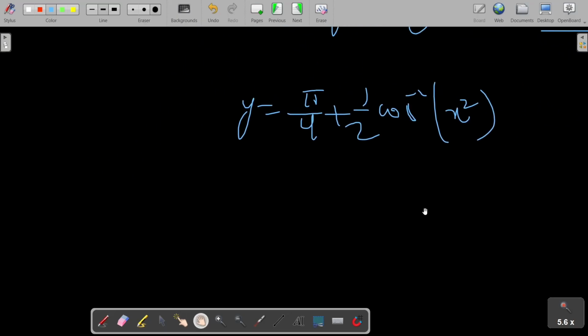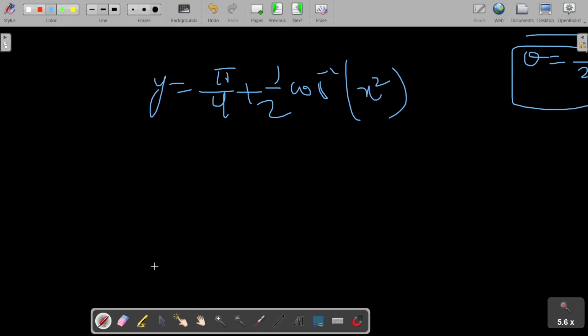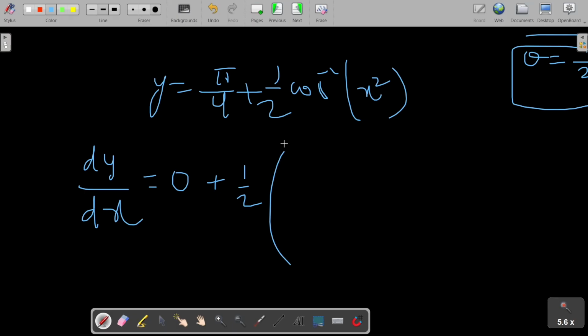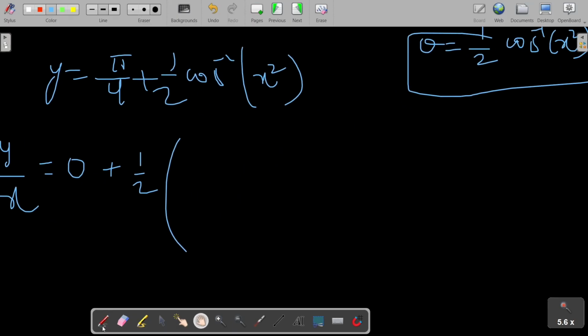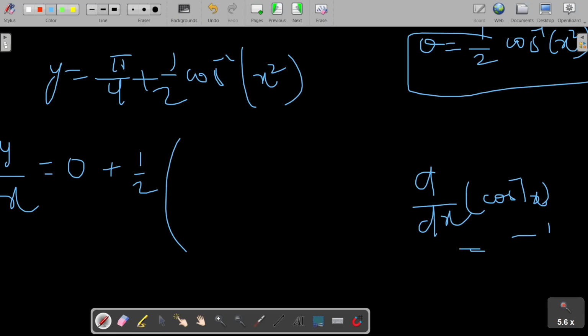So I simply got our y function like this, and we can simply differentiate now. Differentiation of a constant is 0, and this is a constant, so we can put it like this. We know that d by dx of cos inverse x is simply negative 1 over root of 1 minus x squared, where this x is what is in the argument of cos inverse.